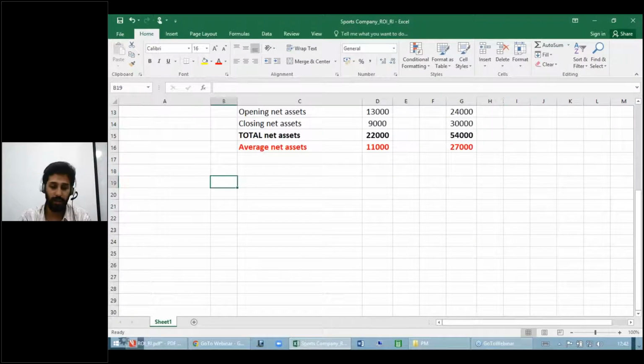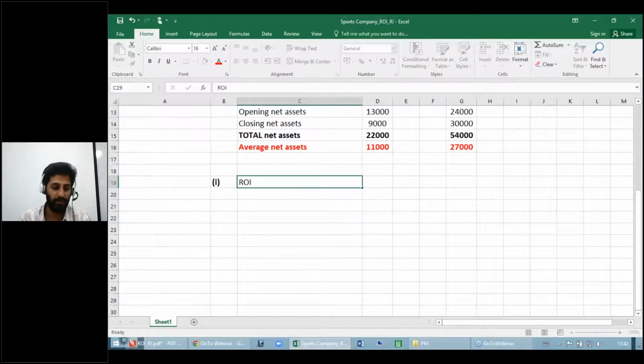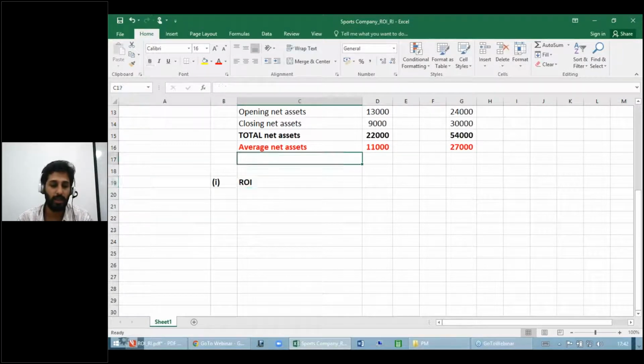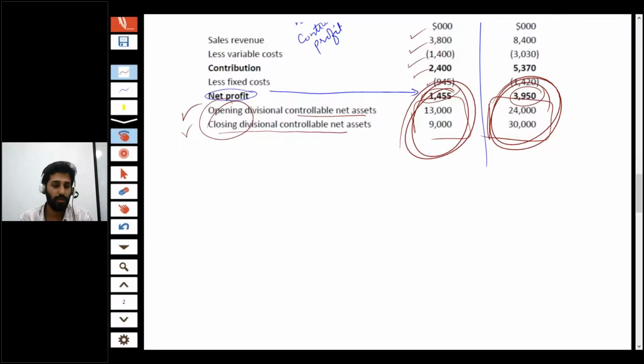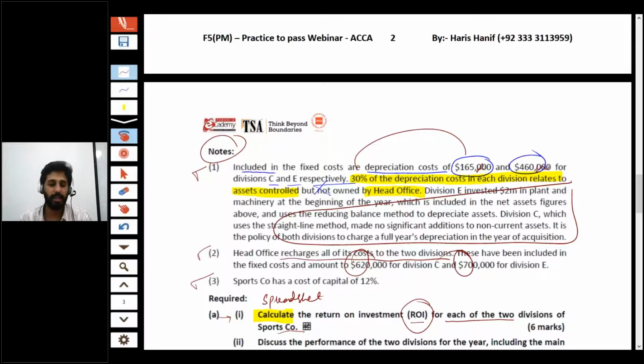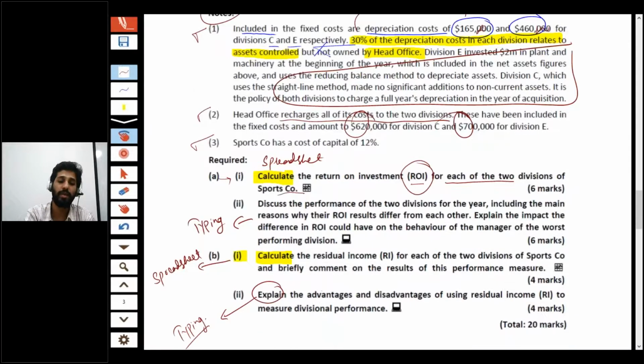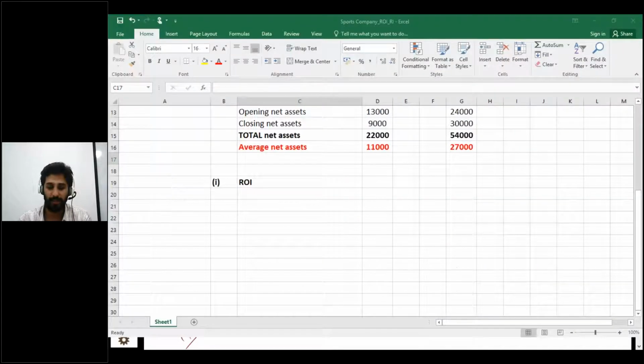So I'm writing here number one requirement, that is ROI, the return on investment. I need to calculate the return on investment. Now moving towards the question requirement, it is saying calculate the return on investment, ROI, for each of the 2 divisions of sports company. All right. Now simply divide it.